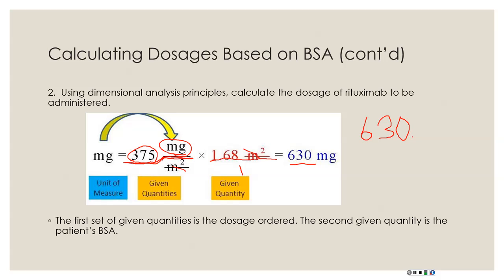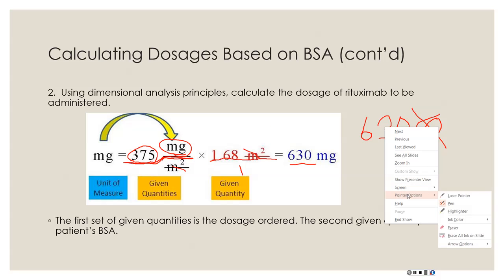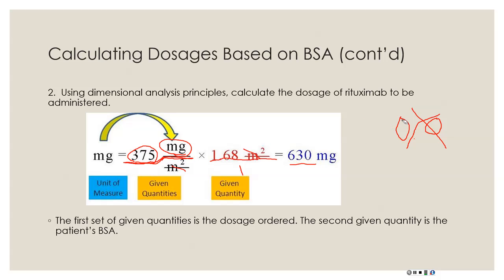You would never go and write 630.0 just because your problem identified to round to the nearest tenth. That only applies if you have more places than your tenths. So you would never ever do this because somebody could miss that tiny little decimal and they may misinterpret the number for 6,300 milligrams. So never ever going to do that. So we're going to just get rid of that so it's just not even there.